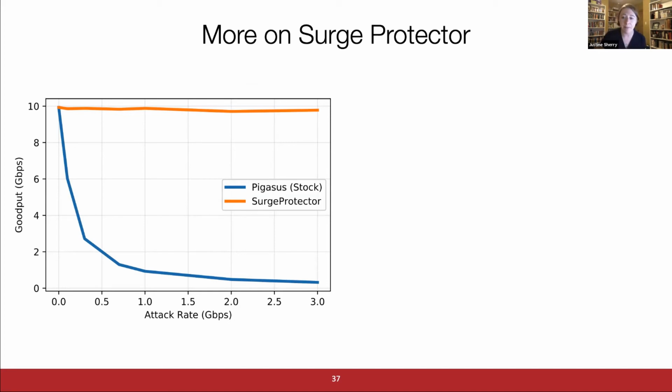And what we see in Pigasus out of the box is that as the attacker increases the attack rate, the goodput, that is the fraction of innocent traffic that is processed, goes down very quickly. But when we add surge protector on top, that is Nirav's new tool that prioritizes packets based on how much resources they're using, we maintain a very high goodput even while the system is under attack.